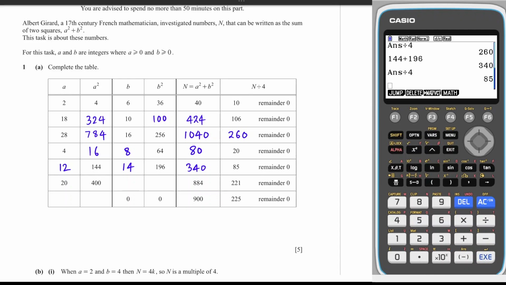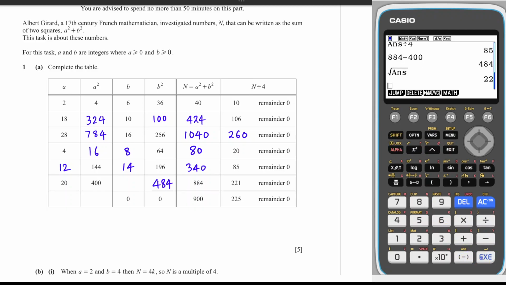20 squared is 400. So I have the total as 884. So 884 minus 400 gives me 484. So this is 484, and the square root of that, I think this is 22.